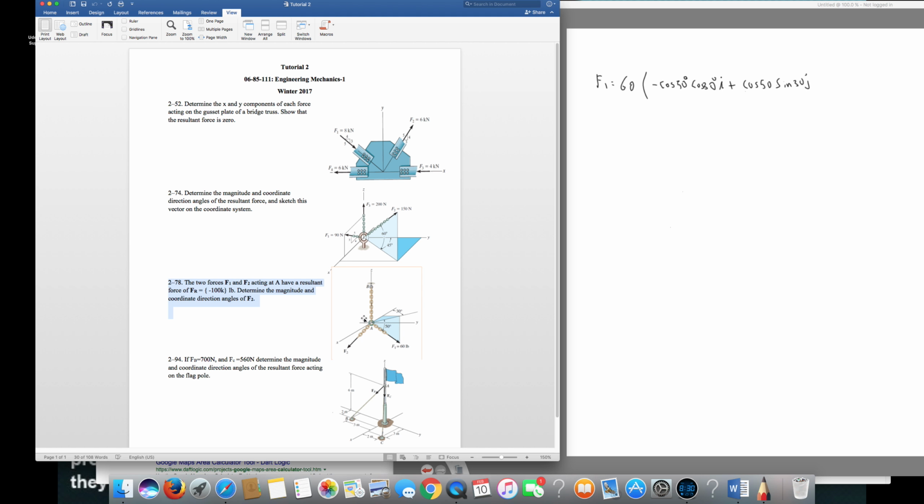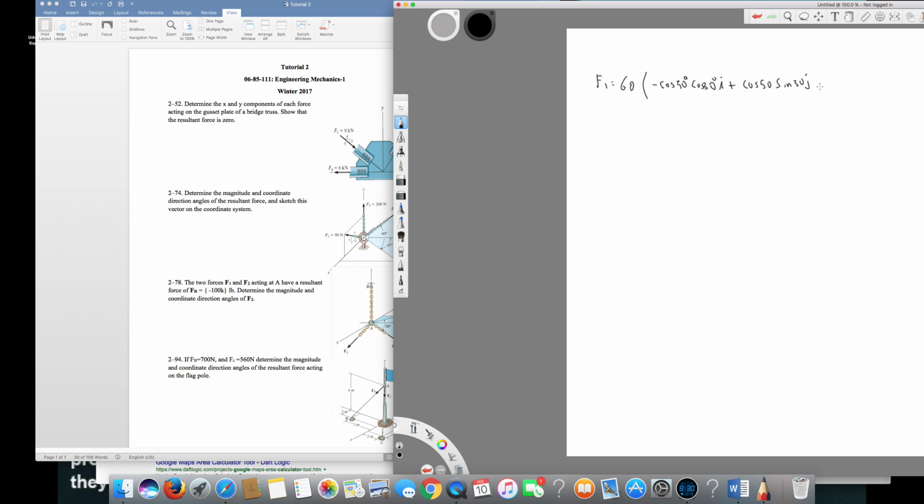So if it's upward, it's positive, but since in this case it's facing downward, I have to extend it to the downward direction. So therefore I have to multiply the k component by negative sine 50. So negative sine 50. So these are my components right here. This is going to be negative sine 50k.